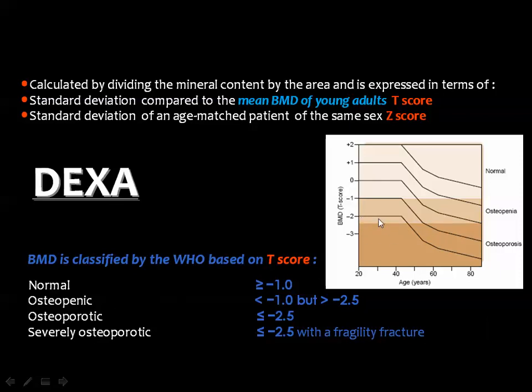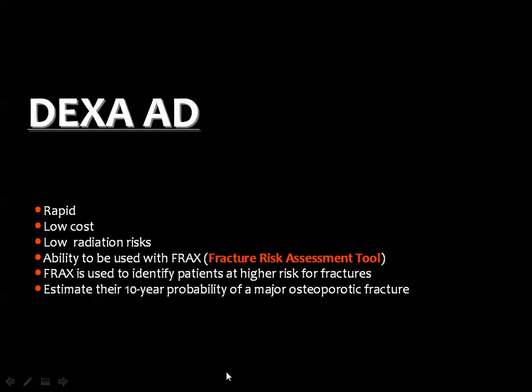If you go below -2.5, then this is osteoporosis. And the osteoporosis is considered severe if the T-score is lower than -2.5, and at that time there is a greater risk of fractures.